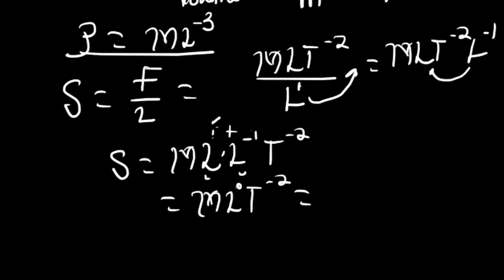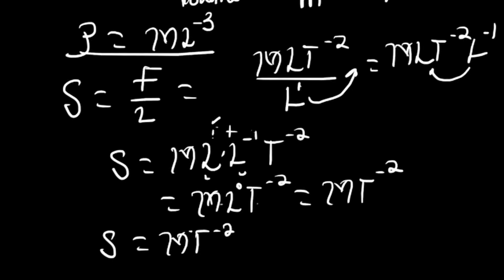Remember that any number raised to the power of 0, apart from 0, is simply 1. And then 1 times M and T gives you the same value. Hence we have MT^-2. Therefore, the dimension for surface tension is equal to MT^-2. So this is how to get the dimension of any quantity you want.